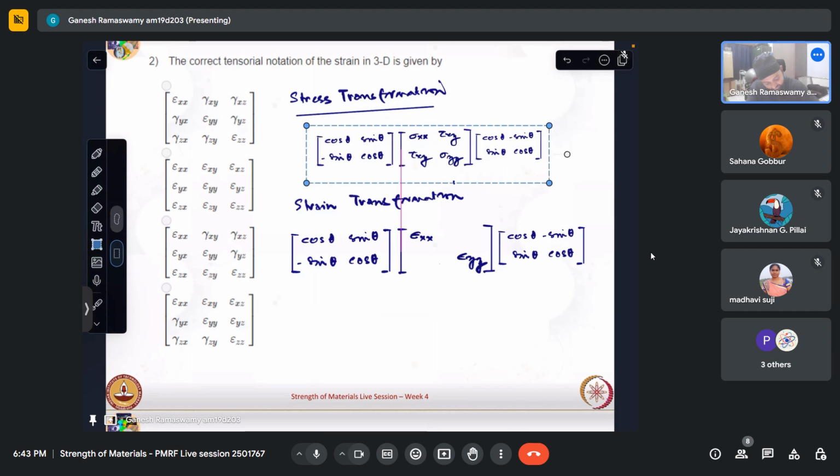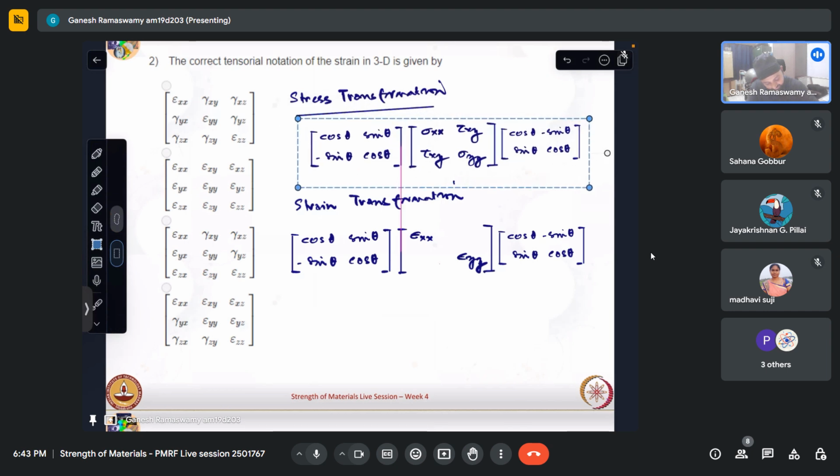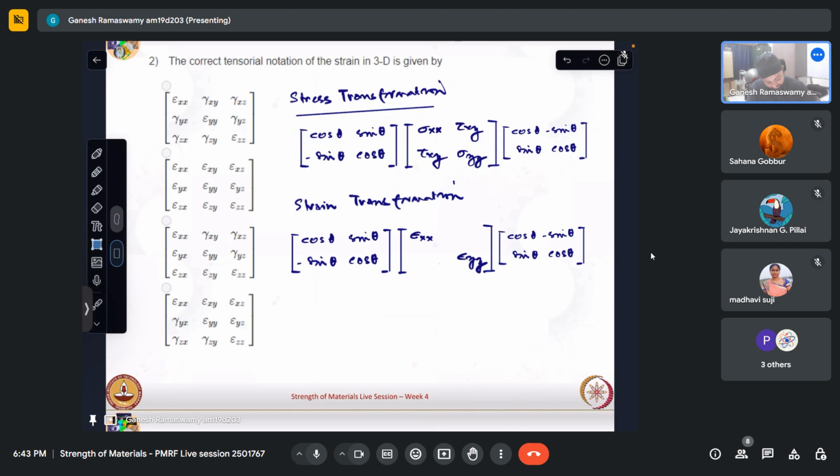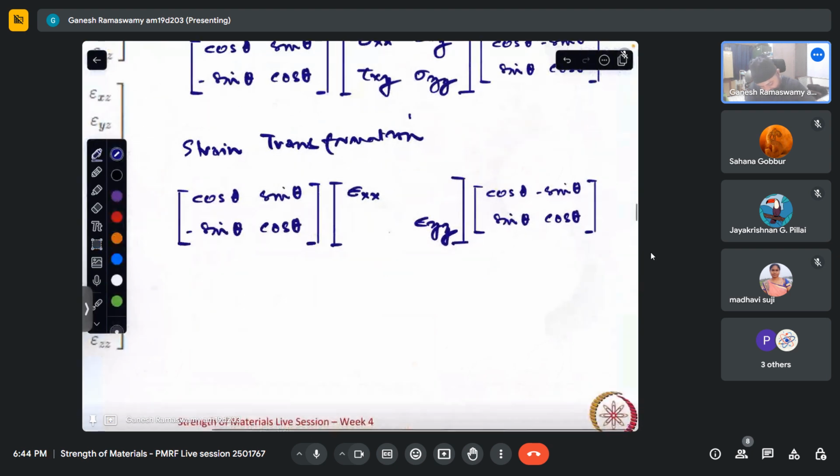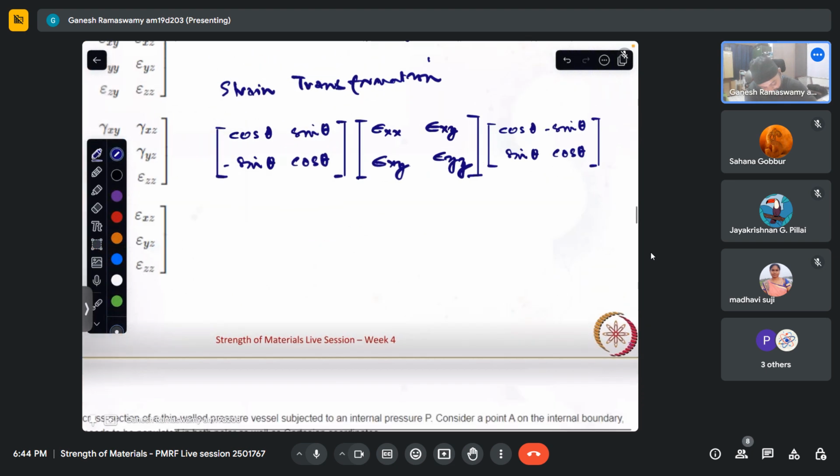The only thing that differs is that our shear strains have to be expressed as epsilon xy, where epsilon xy is nothing but my engineering shear strain by 2. So only when I express it as half of that quantity, the transformation actually holds.